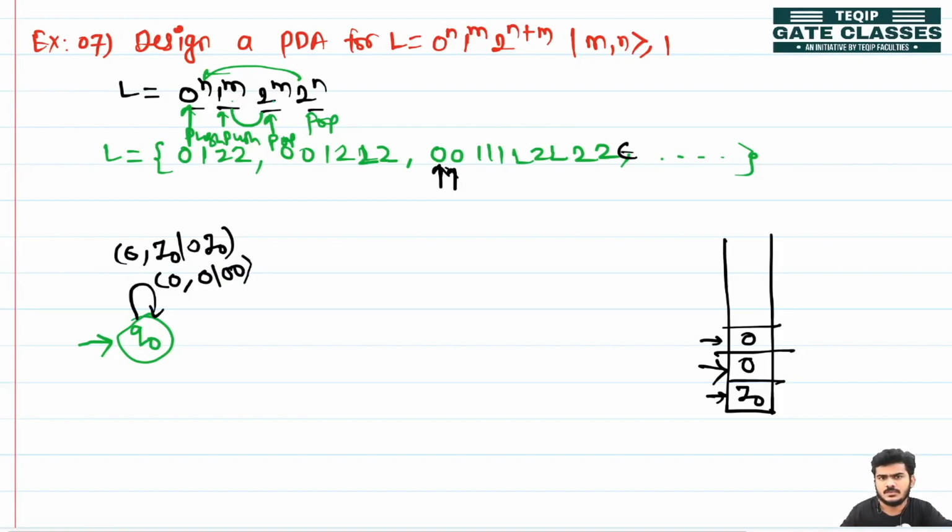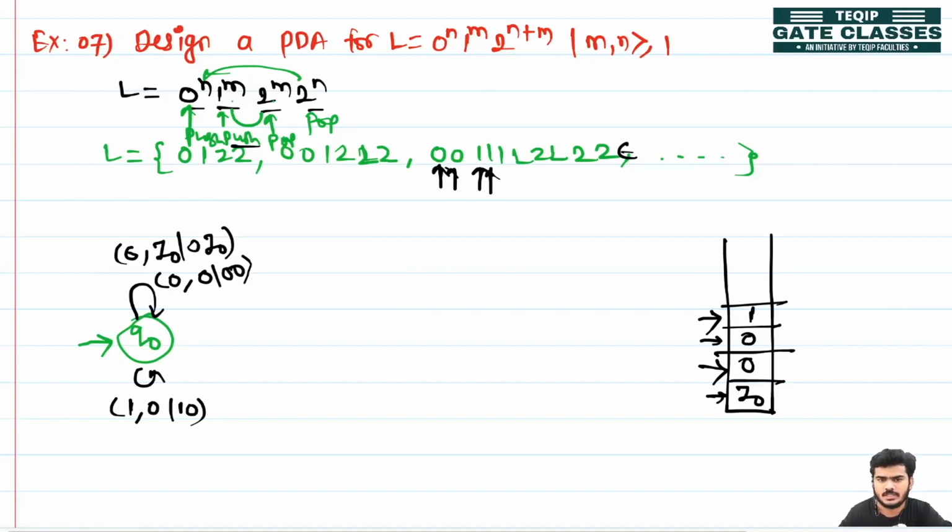Now in this situation, whenever 1 occurs, I have to push only. So when 1 is the input symbol and top of the stack is 0, I push that 1 into the stack, so it will become 1 0, and I update the top pointer and move to the next 1.